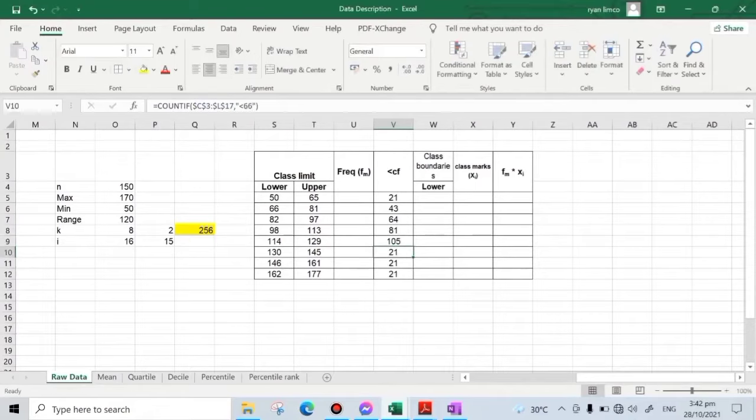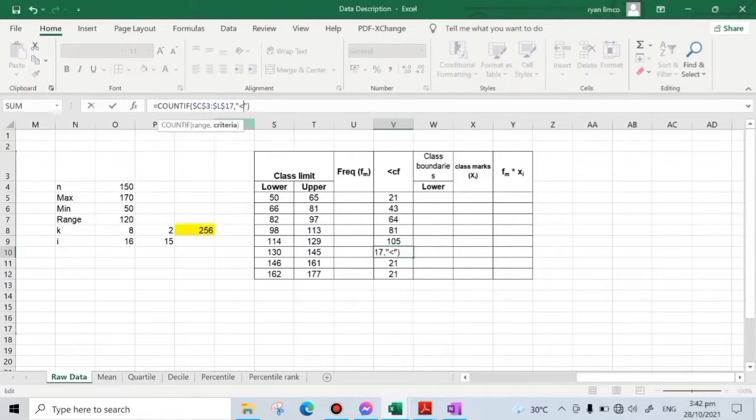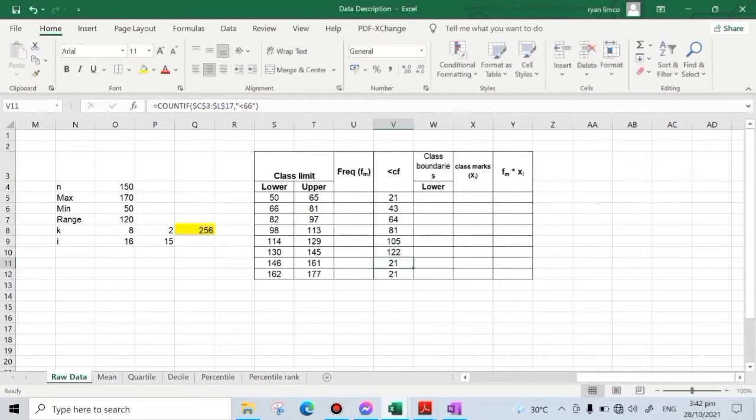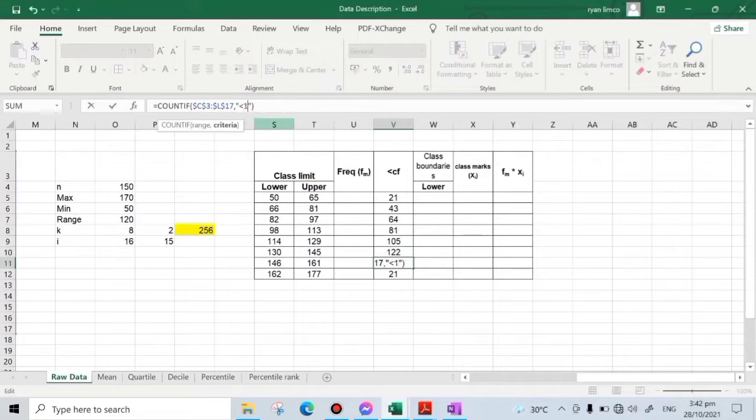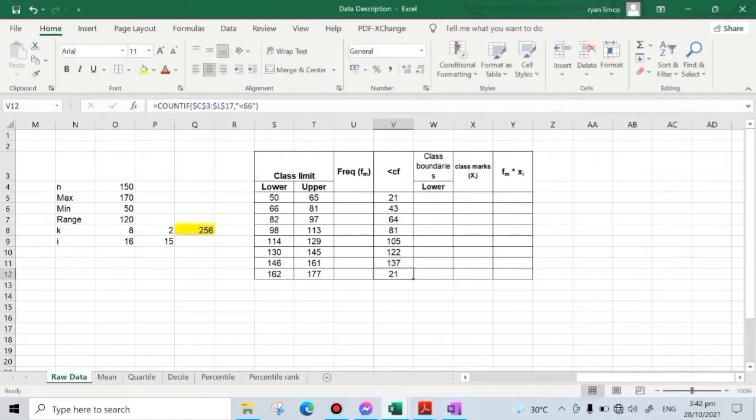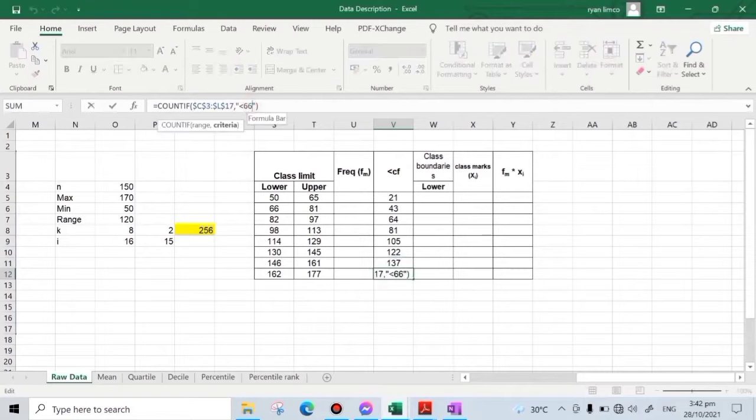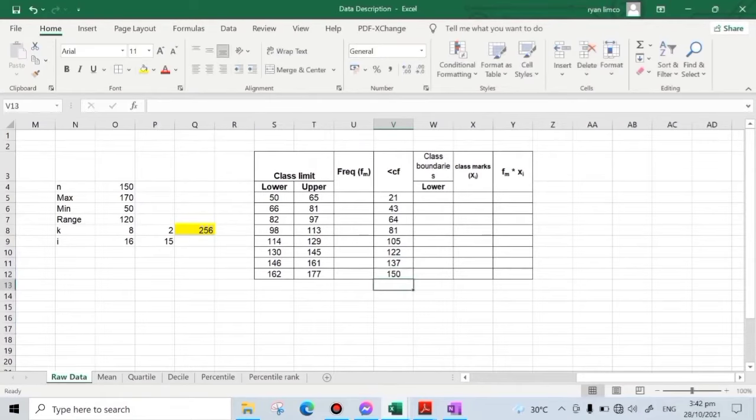And 145, so 146. And this, it's 162. And for this, 177 plus 1, that's 178. So, last number natin, 150, equal siya kay n, so that's correct.